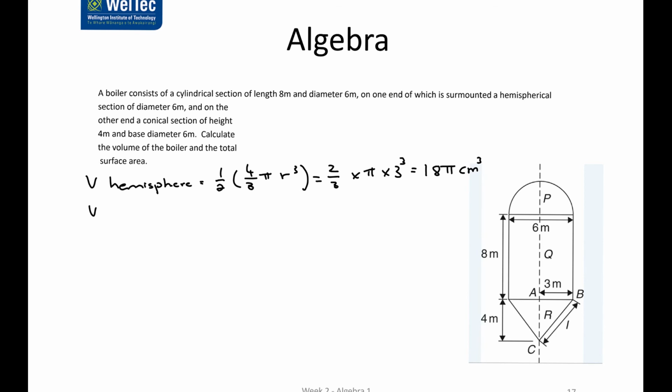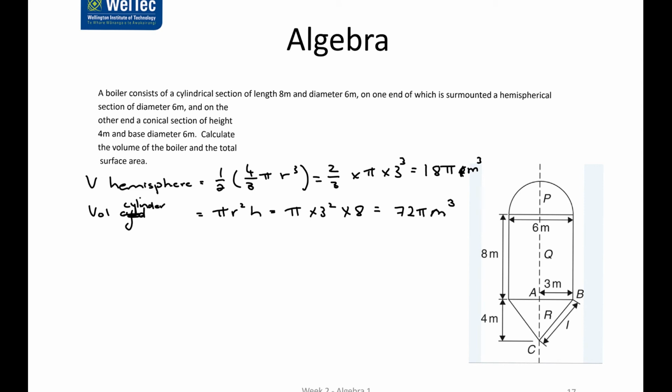Now we do the volume of the cylinder. That's pi r squared h, so that would be pi times 3 squared times, look at the picture, it's 8, so that's 72 pi centimetres cubed.